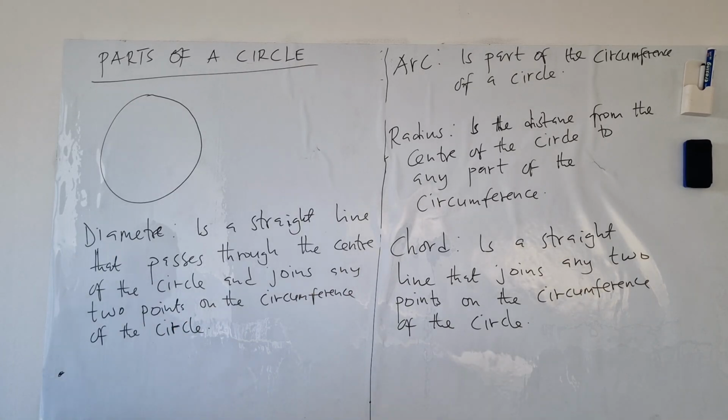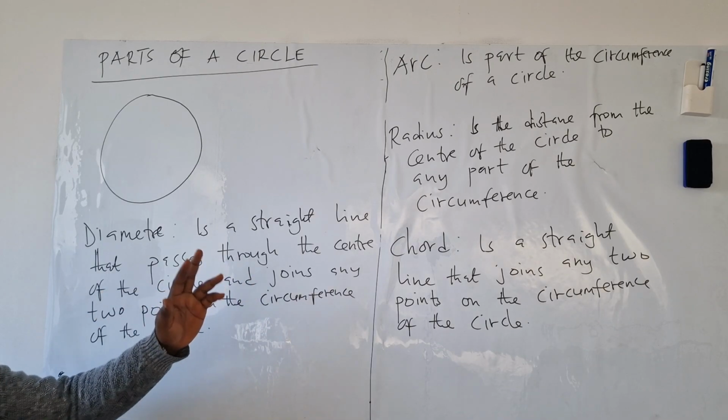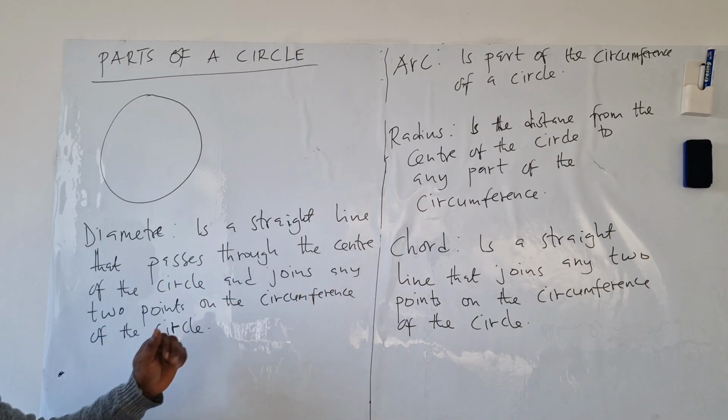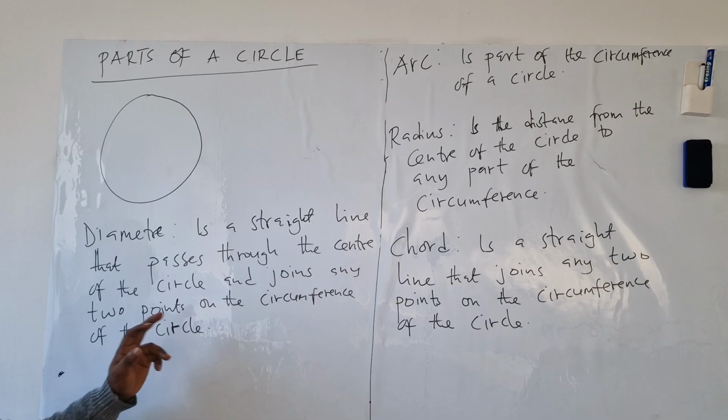So diameter is a straight line that passes through the center of the circle and joins any 2 points on the circumference of the circle.